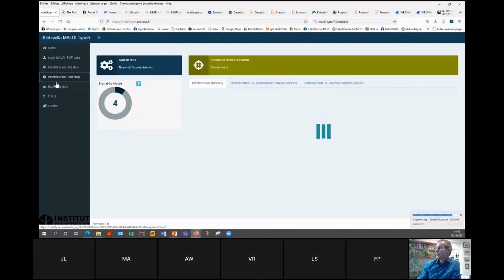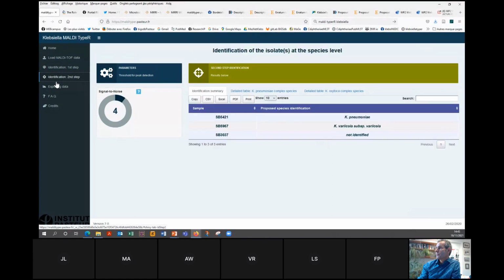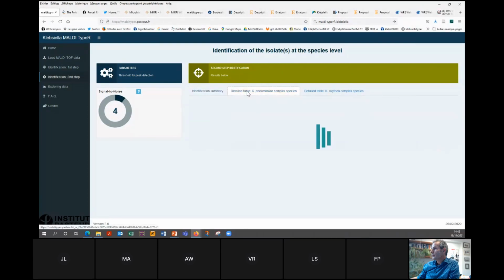And so the next step is obviously identification at the phylogroup level or species level. In this case, this was now done. So here you have the results. The 3 isolates were identified as pneumoniae, variicola, subspecies variicola, and the third one was not identified because it belongs to the Oxytoca complex, I believe.